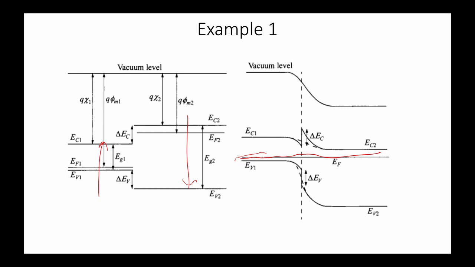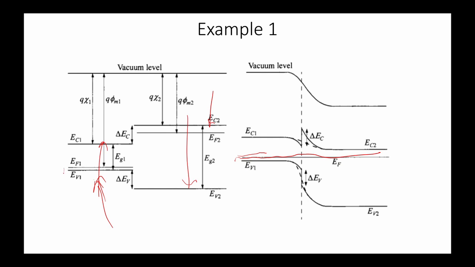This is a type 1 heterojunction. As I told you first, this is a highly doped p type semiconductor. The doping is more in this case than in this n type semiconductor. As we can see, this EF2 is closer to EC2, the conduction band.